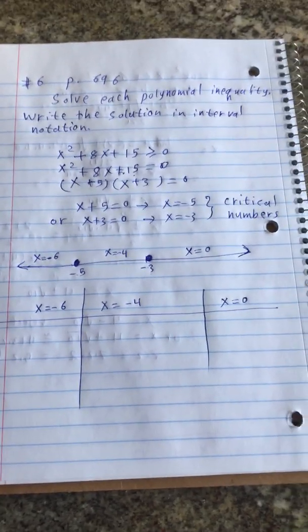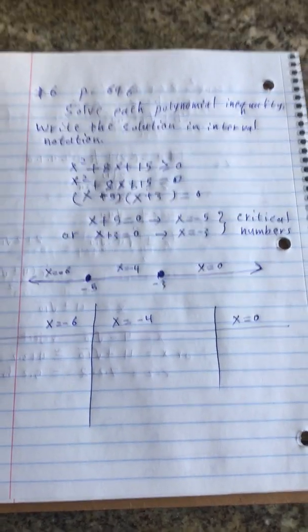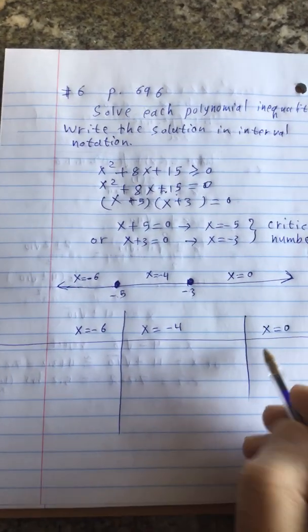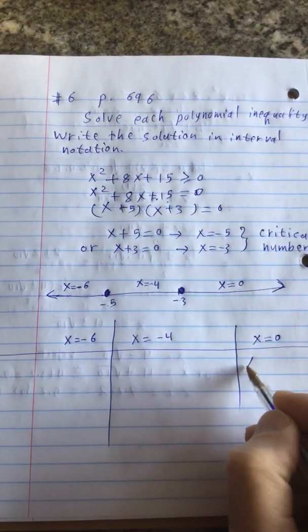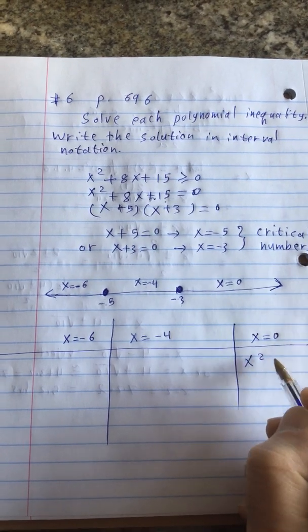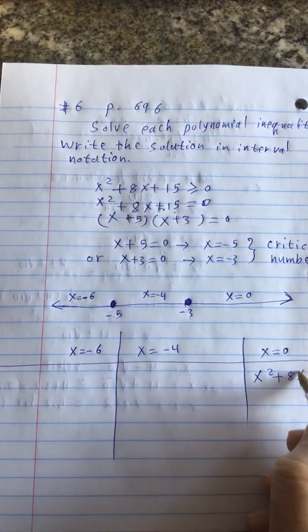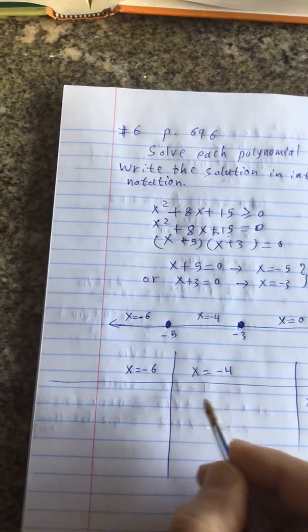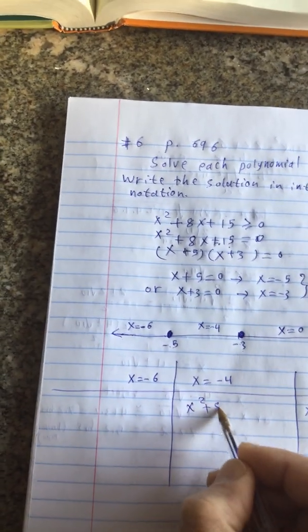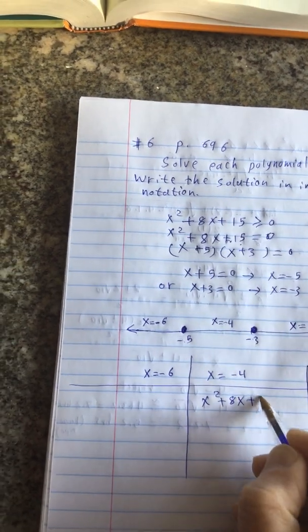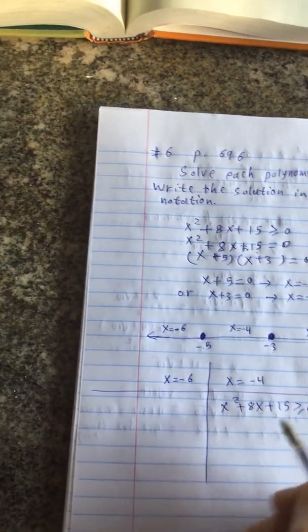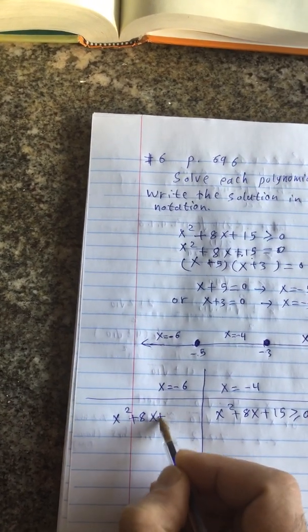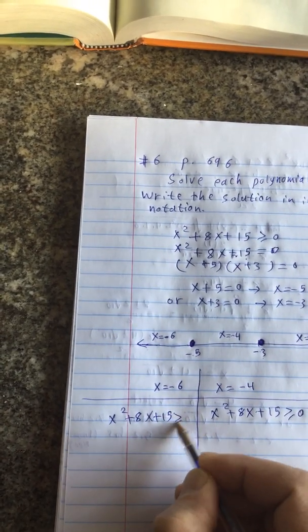So we choose one point belonging to each interval. Now the inequality is x squared plus 8x plus 15 greater than or equal to 0.